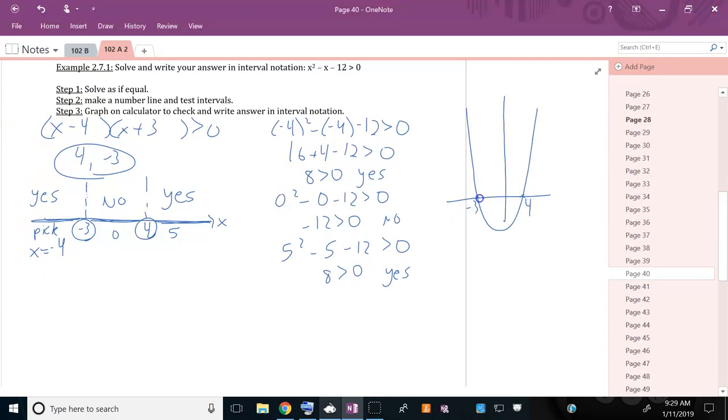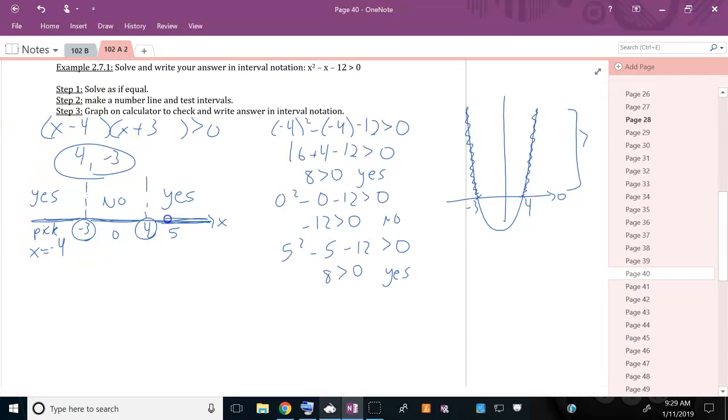So I can see, first of all, that yes, we did cross at those values, so I can use that to check my answers. So again, here's 0. Greater than 0 means everything up here. That's where we're greater than 0. So hopefully you'll agree with me, it's greater than it over here on the left, and then over here on the right.